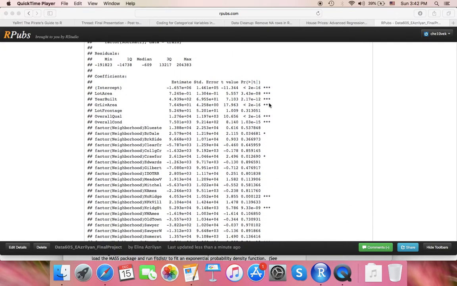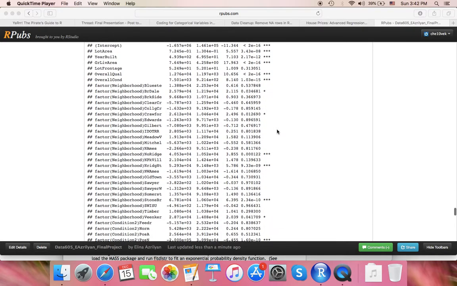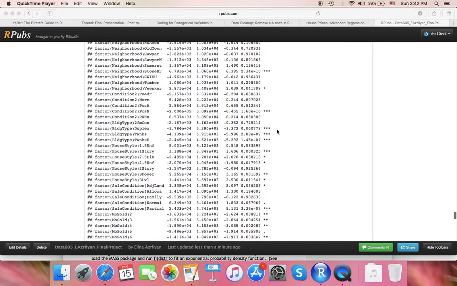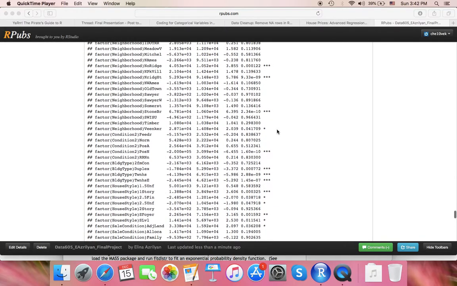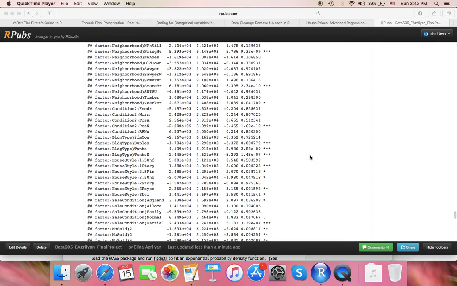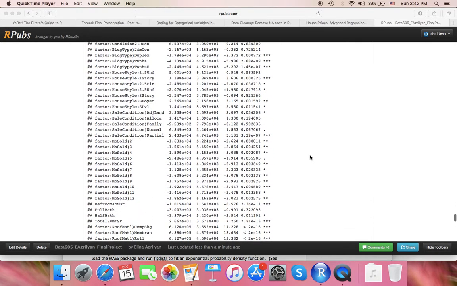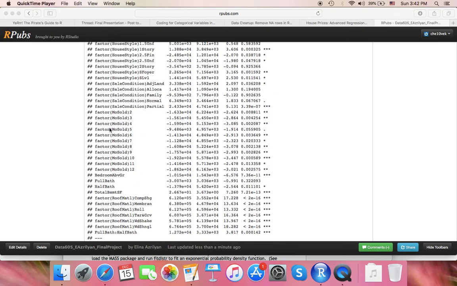So it looks like very significant correlation was observed with a bunch of these factors. I mean, clearly neighborhood, certain neighborhoods are going to be very strongly correlated with the price. Like conditions. So interestingly, the months sold.